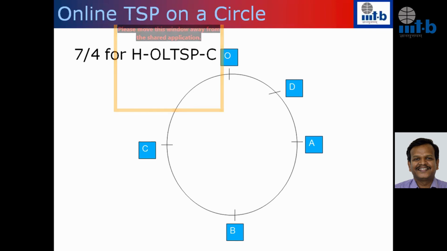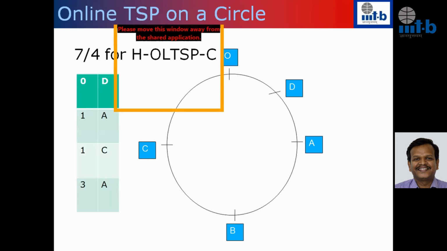Without loss of generality, because of symmetry, we will assume that it always takes the clockwise direction. If it really takes anti-clockwise, then I have to flip all the inputs accordingly. So these are the inputs that I have.